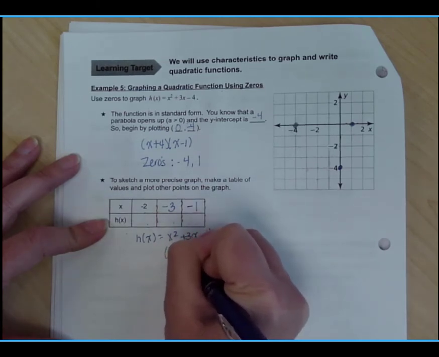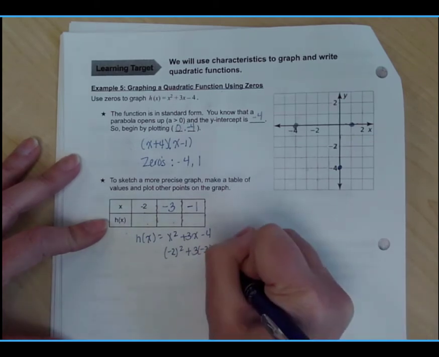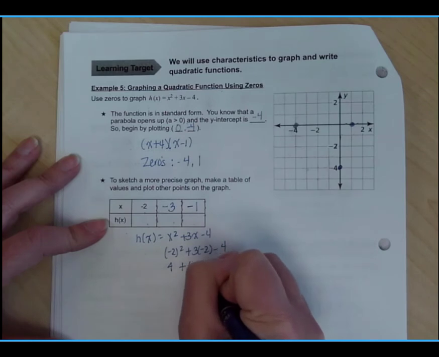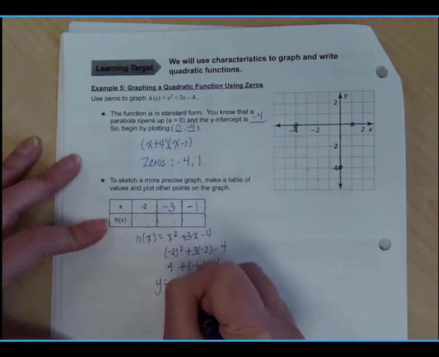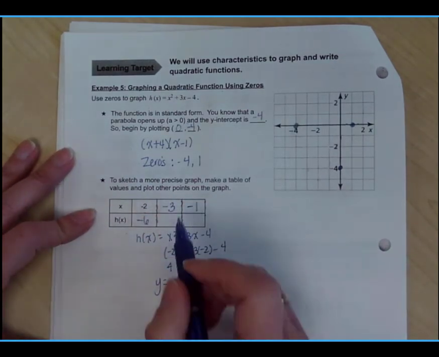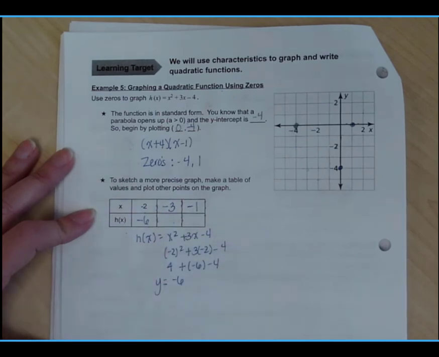So I have -2 squared plus 3 times -2 minus 4. So that's 4 plus -6 minus 4. So y equals -6. Go ahead and hit pause and find the y values for -3 and -1.